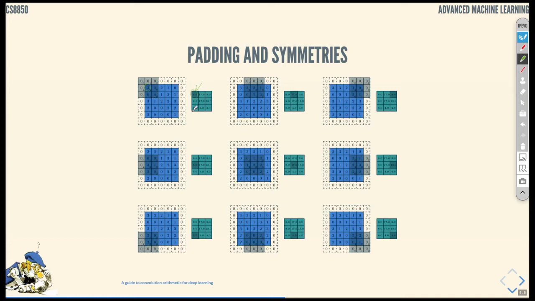And in fact, even though I copied this figure from this guide, the dimension should be 5, right? Exactly the same as the input dimension. That's why the style of padding is called same.